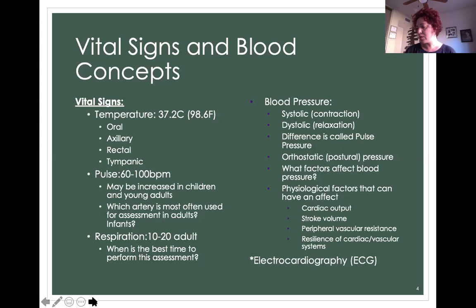And the book goes over those. If you're taking it orally, then you may get a slightly different temperature than if you're taking a tympanic temperature, which is inside the ear, or an axillary temperature, which is in the armpit. Typically for little ones, that's where we take the temperatures, in the axilla.